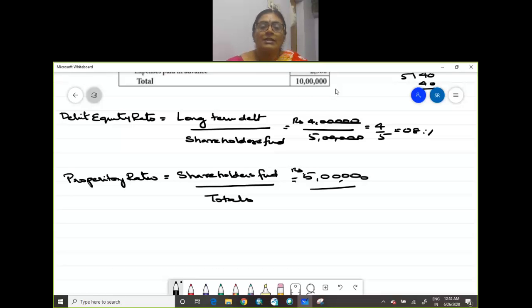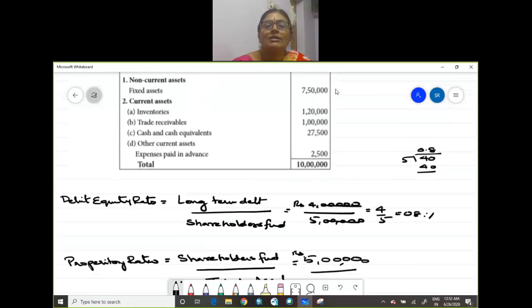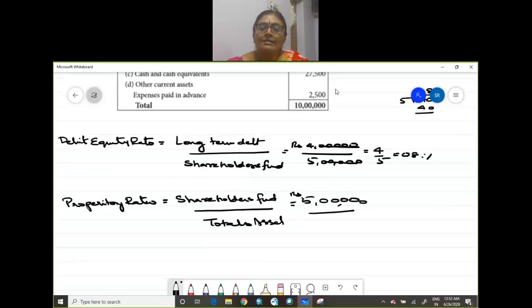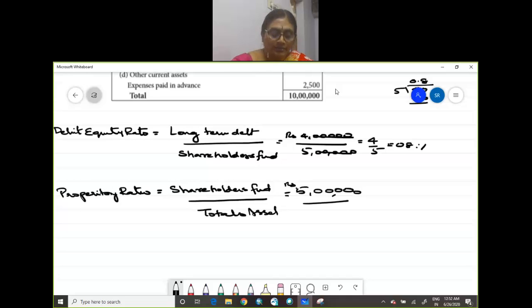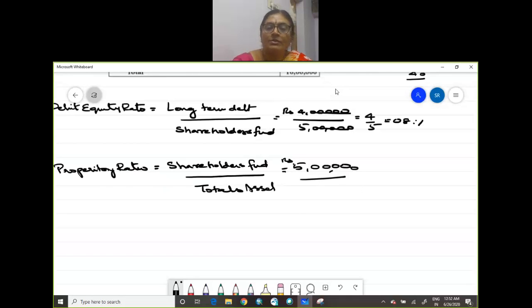Now what is the total assets? The total asset here you can see is 10 lakhs. That's the total asset. All you have to do is remember your formula. Once you remember the formula, it's very easy for you.